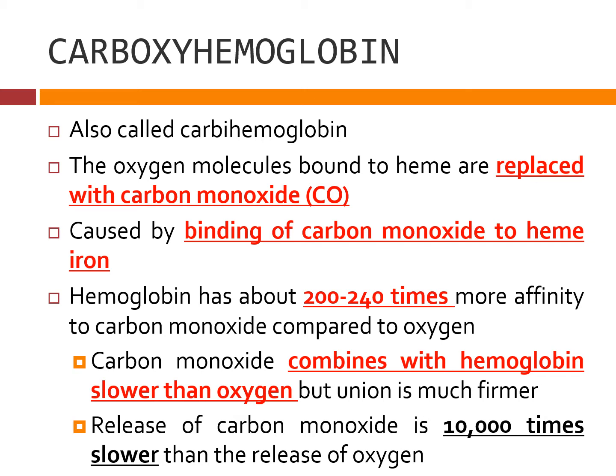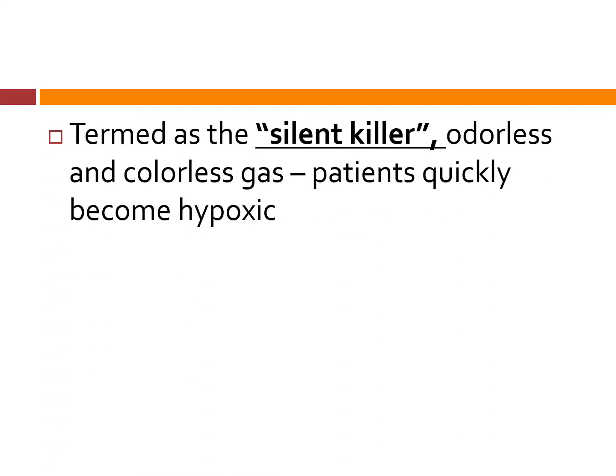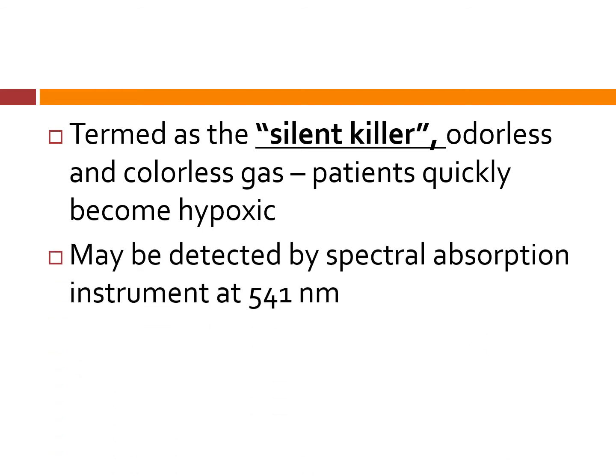It is said here that the release of carbon monoxide is 10,000 times slower than the release of oxygen. Carboxyhemoglobin is termed the silent killer because this gas is odorless and colorless, and patients exposed to it can quickly become hypoxic.